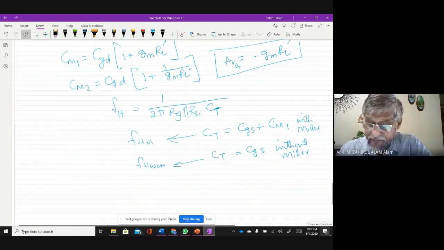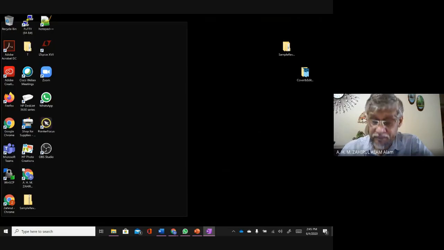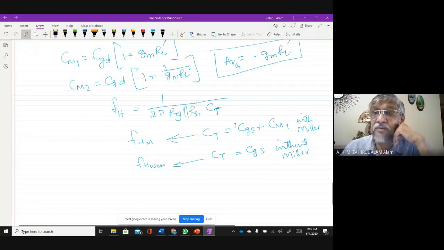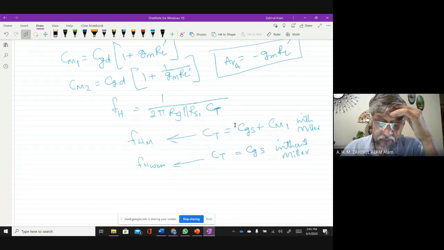You have to study these two: short circuit current gain for MOSFET and transistor, and also Miller's theorem for MOSFET and transistor.